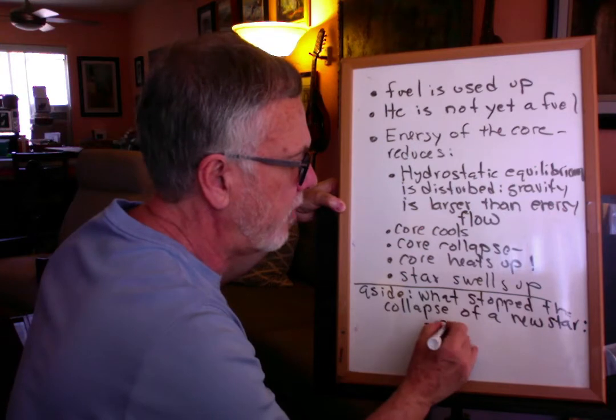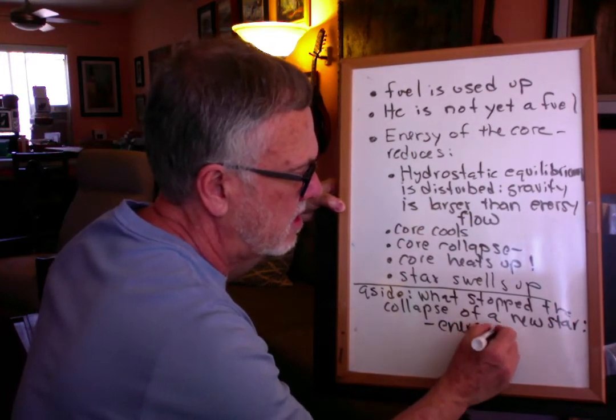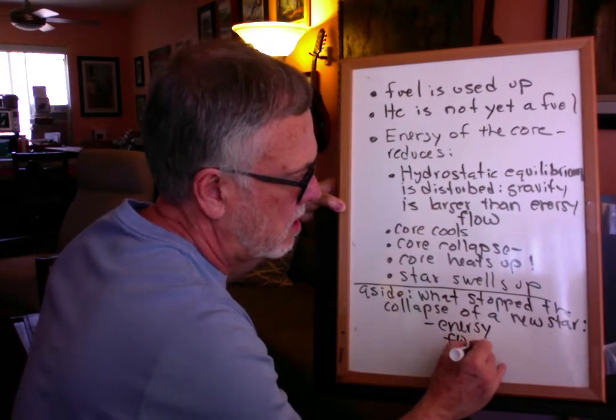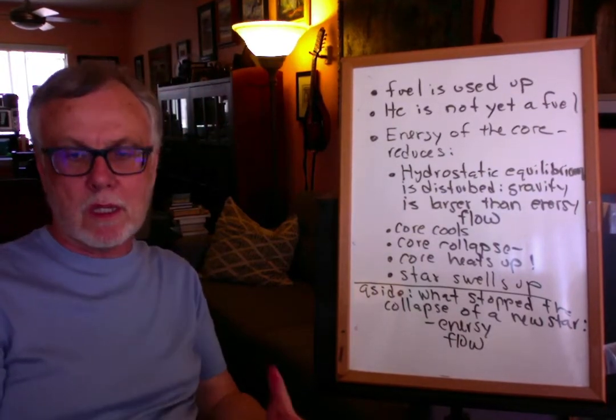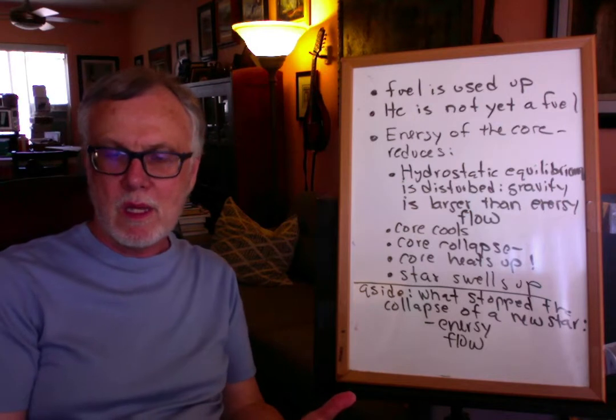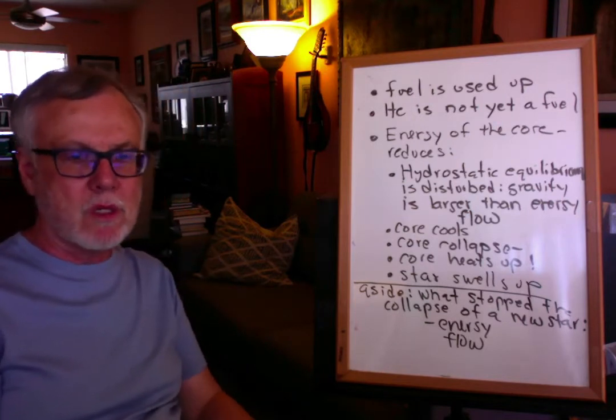It's the energy flowing out from the core. And that just basically balanced, eventually as it settled down to be a main sequence star, it balanced out with the gravitational force.